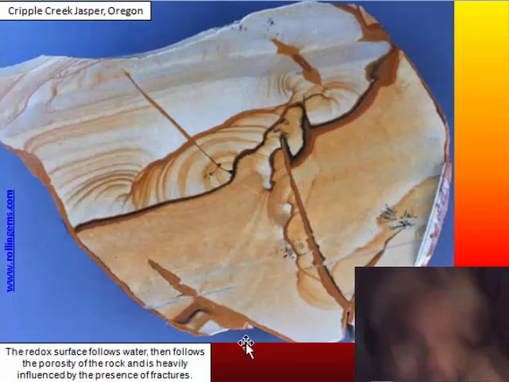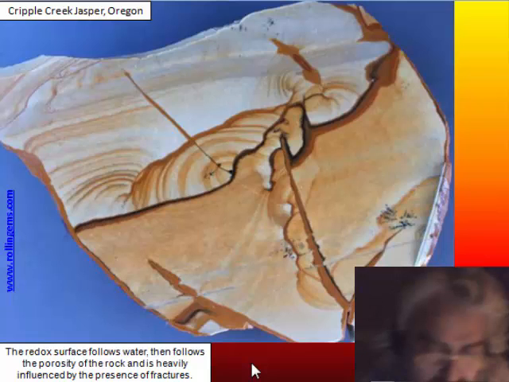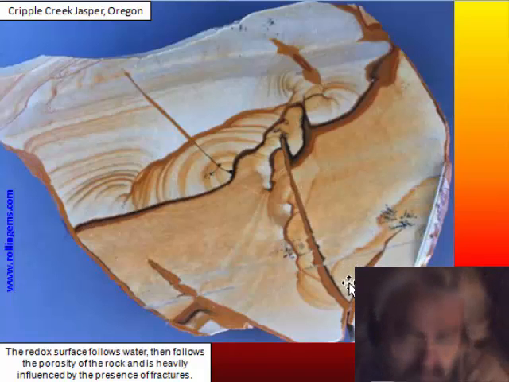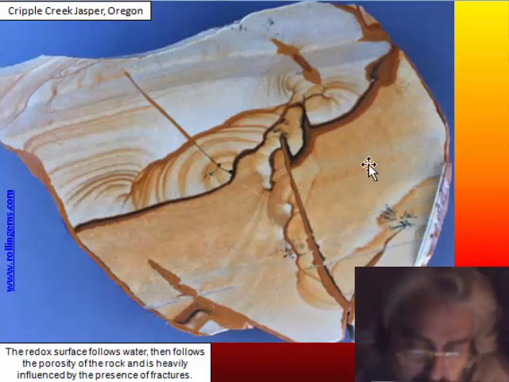The redox surface, the area of reduction of the iron, follow water, and because it follow also the porosity of the rock. So more porous the rock, more the surface can enter inside the rock. So this is heavily influenced by the presence of fracture.